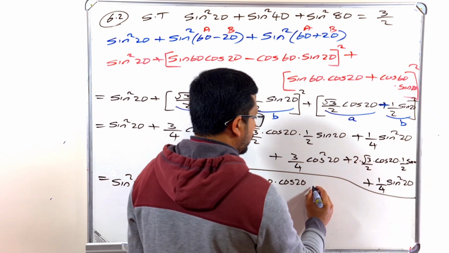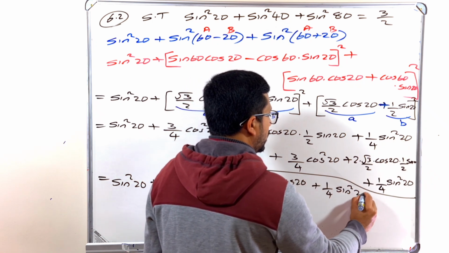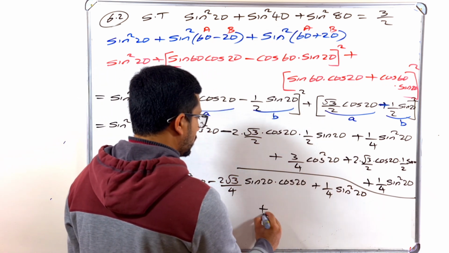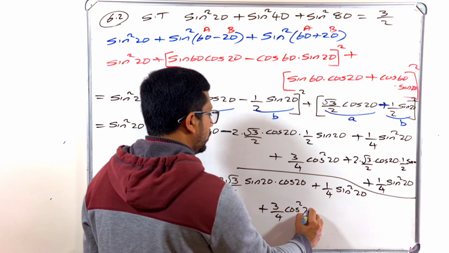Then this one is plus 1 over 4 sine square 20, then this one is plus 3 over 4 cos square 20.